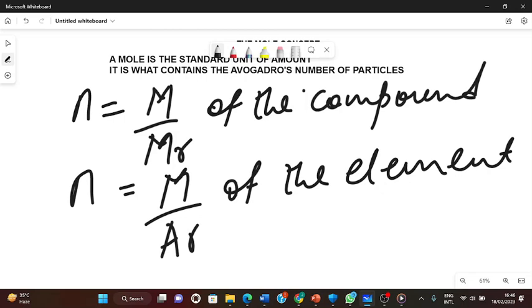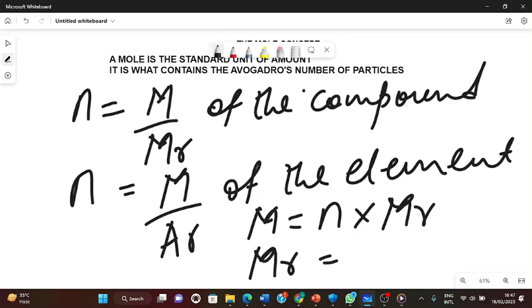So with this, n is the amount, which is the number of mole. We can calculate the mass: m will be equal to number of mole times the molar mass. Molar mass will be equal to mass divided by the number of mole. So it's just for us to make each variable the subject of the formula, depending on what you have to calculate, for example the number of moles.